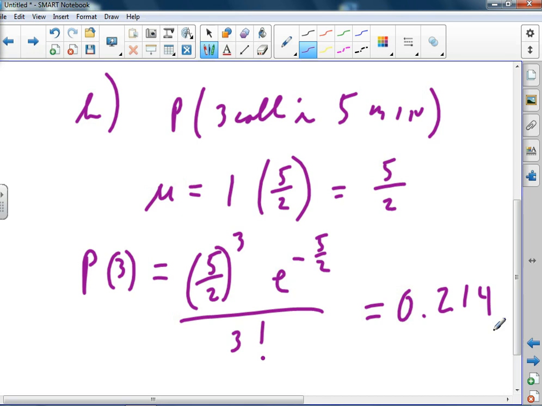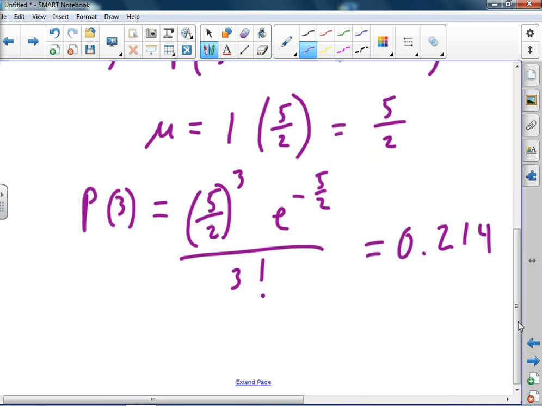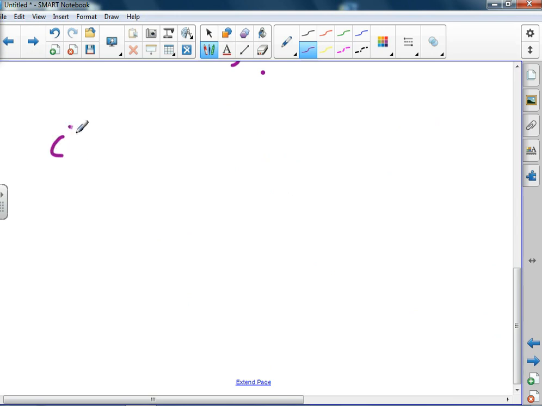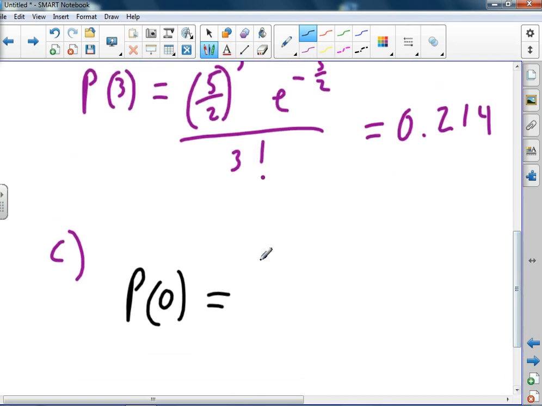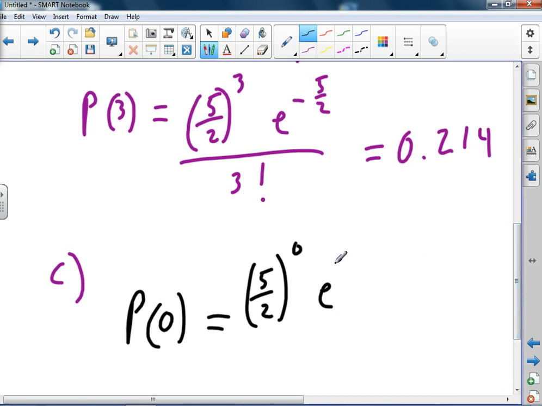And next we want the probability of no calls in 5 minutes. C, the probability of no calls in 5 minutes. All right, so that'd be 5 halves raised to the 0, e to the minus 5 halves divided by 0 factorial.